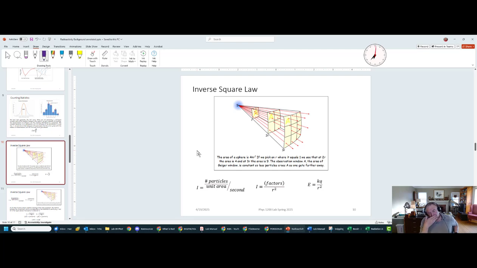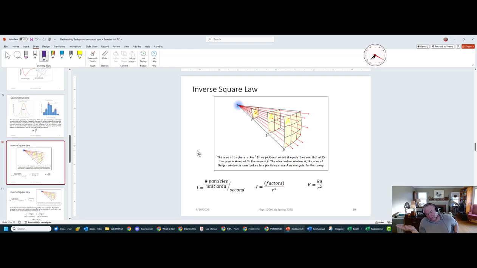And the intensity goes as one over R squared because of the 4 pi R squared nature of the surface.